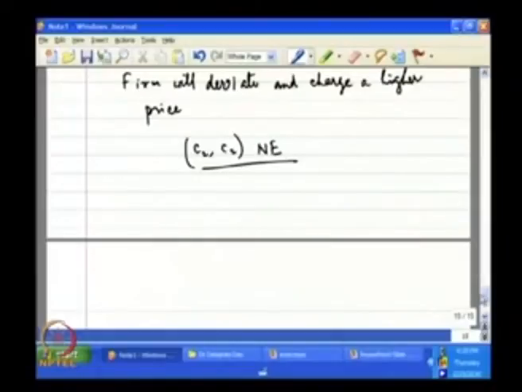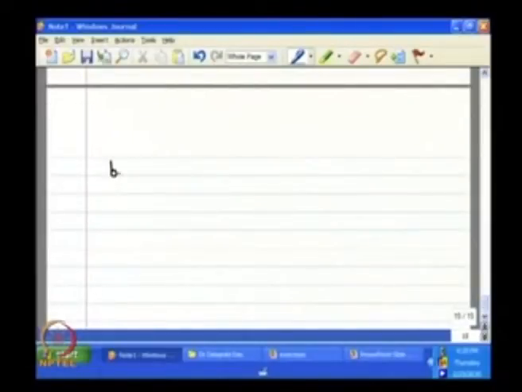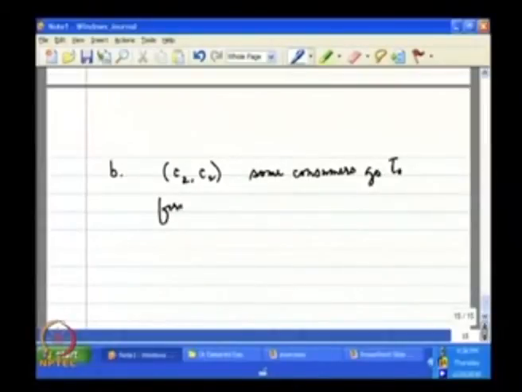So, this is part B. So, if C2 is the price pair, more consumers go to firm 2. So, we have to show that no Nash equilibrium exists.